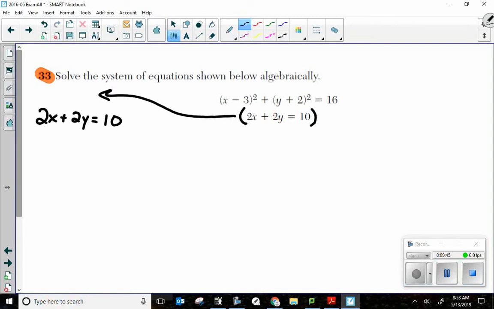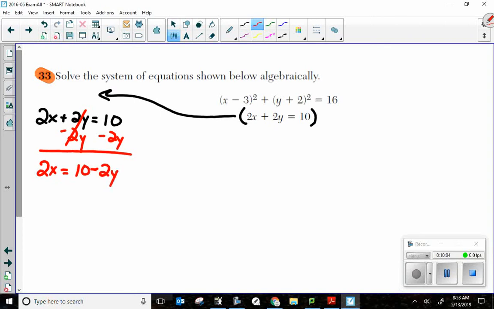I'm going to have like either x equals whatever by itself, the x, or y equals whatever. X is far left. You could use either one. I'm just going to happen to get rid of the y, minus 2y, minus 2y. So I have 2x equals 10 minus 2y.